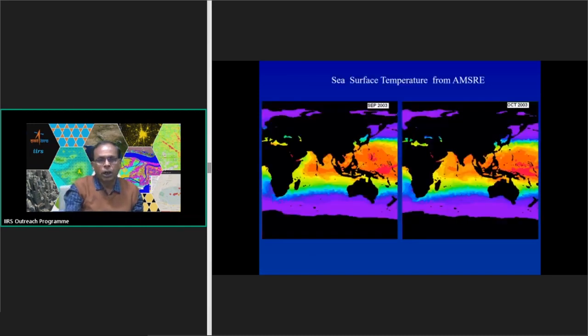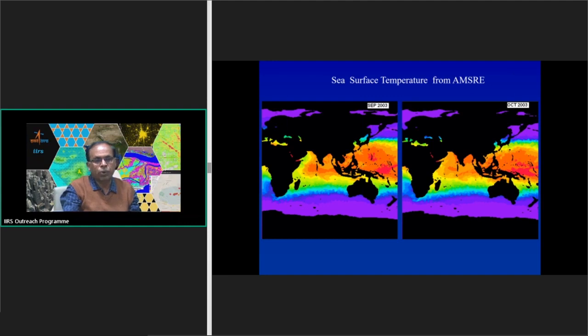Now, this is the Advanced Microwave Scanning Radiometer for Earth observations, and you can see the sea surface temperature from the microwave sensor. The capability of the microwave sensor is that it can penetrate through clouds, whereas with thermal sensors, means thermal radiation, if a cloud patch is there, you cannot find out the sea surface temperature.